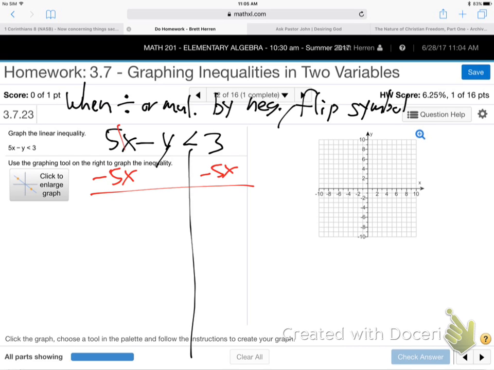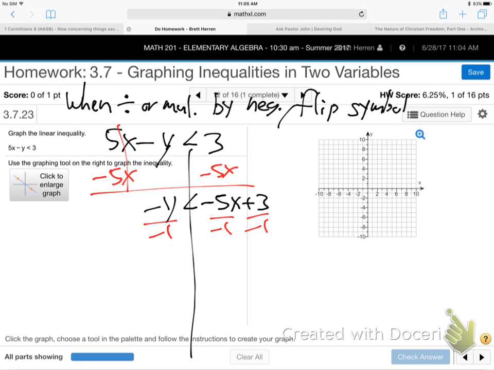Subtract 5x. Next step, how do we get y alone? Yeah, going to have to divide by -1.